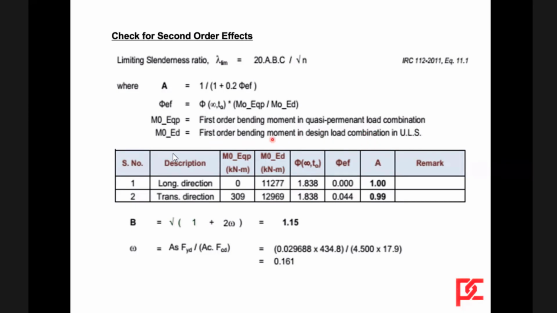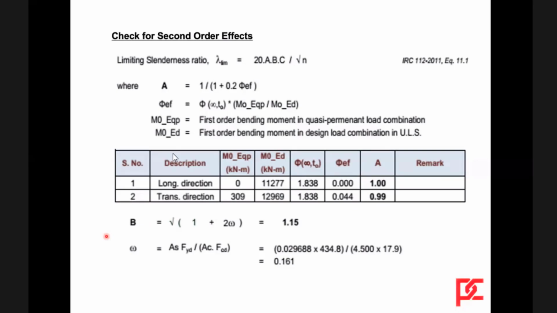So we find this M0 is 11,277 in one direction and 0 in the longitudinal direction. And in the transverse direction, 309 and 12,969. So we get a factor of 1 and 0.99.